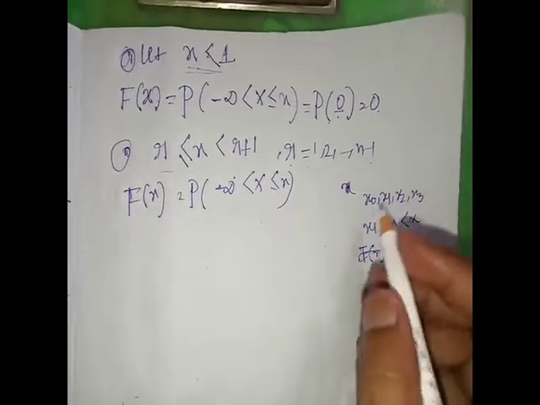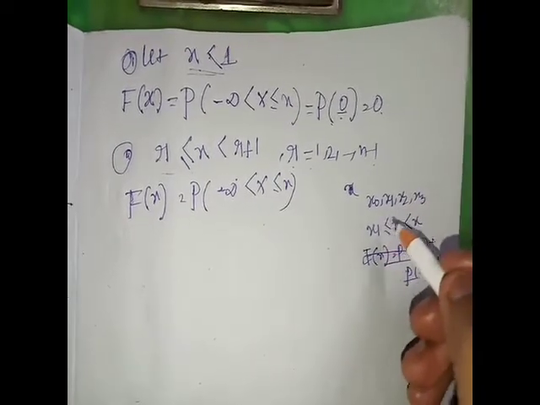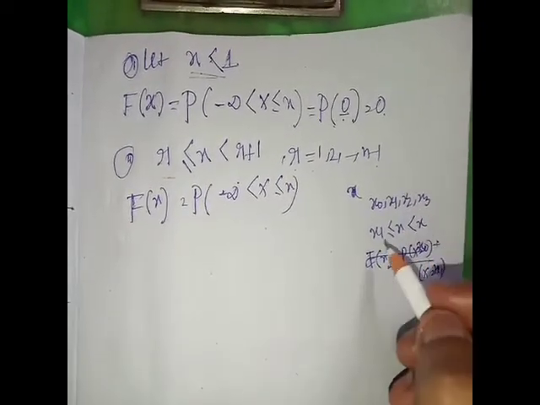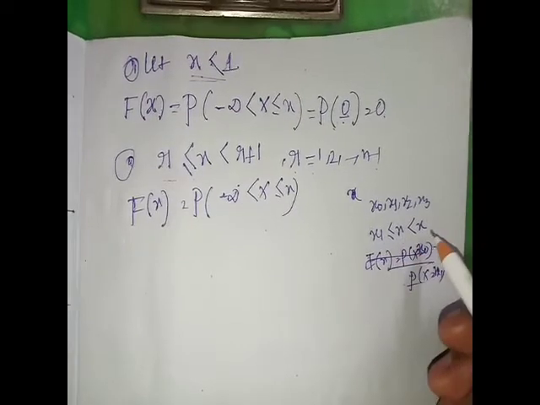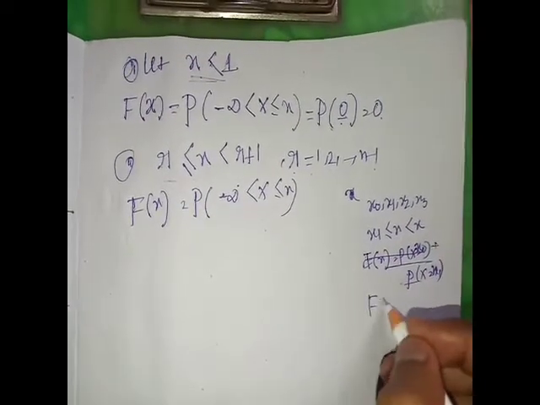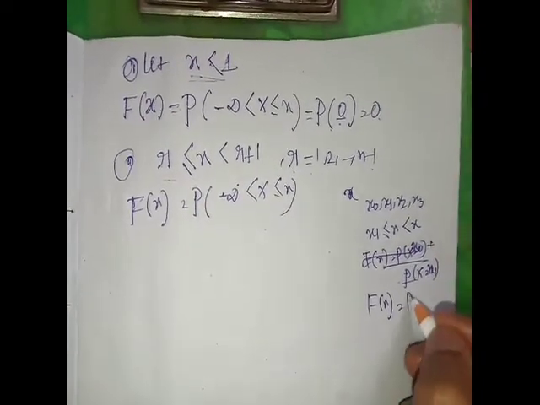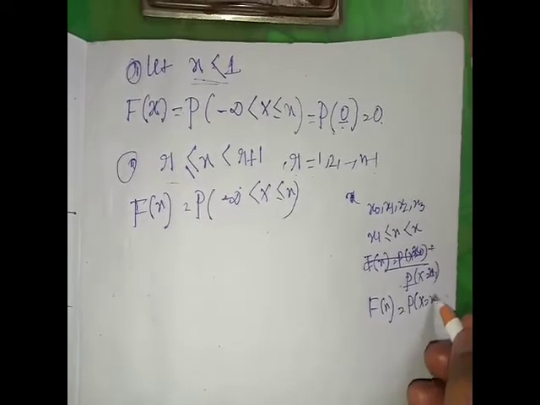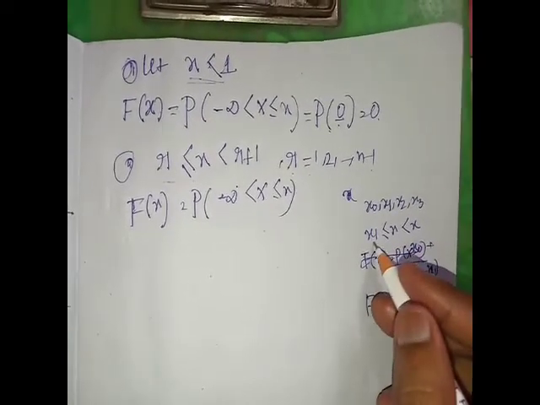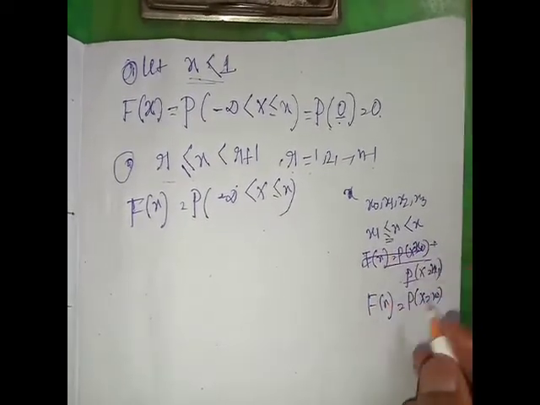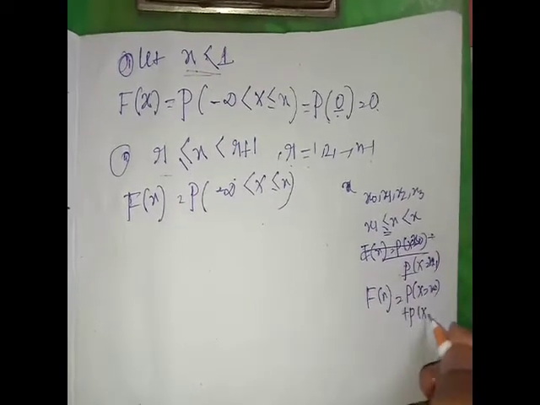From the previous problem, we see that if the spectrum of X contains 4 points x0, x1, x2, x3, and x1 ≤ x < x2, then the probability distribution function is the probability of X = x0 plus the probability of X = x1.